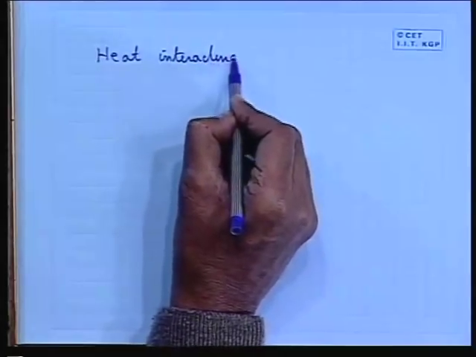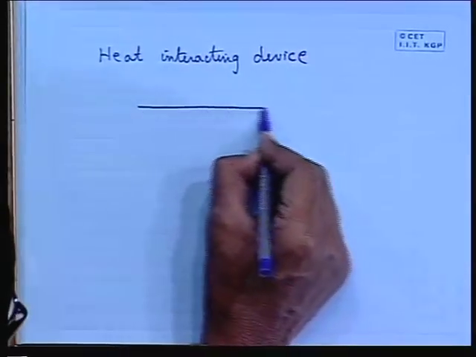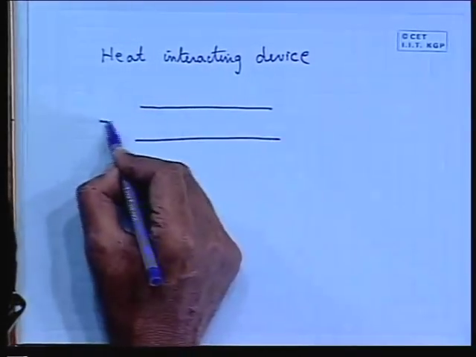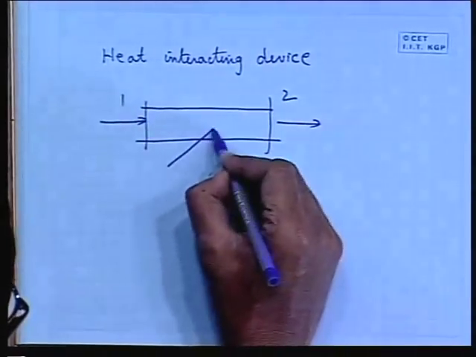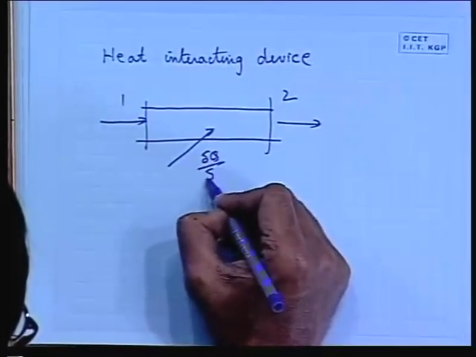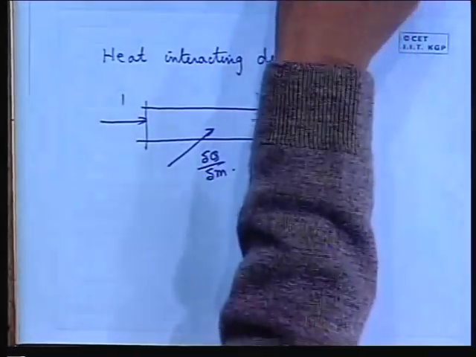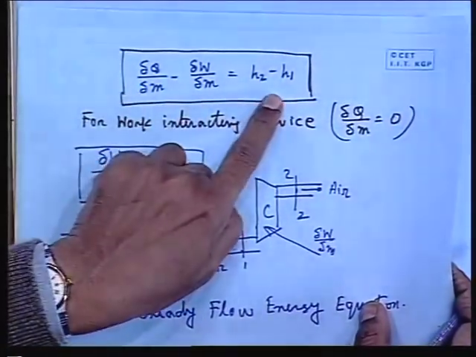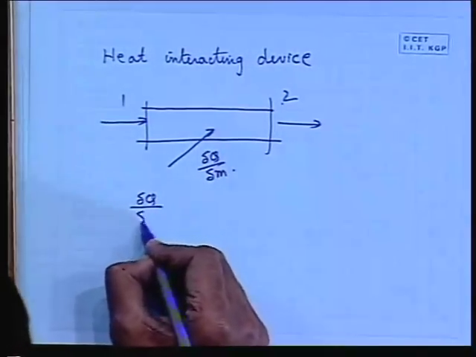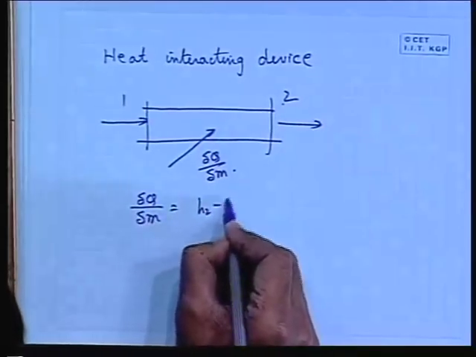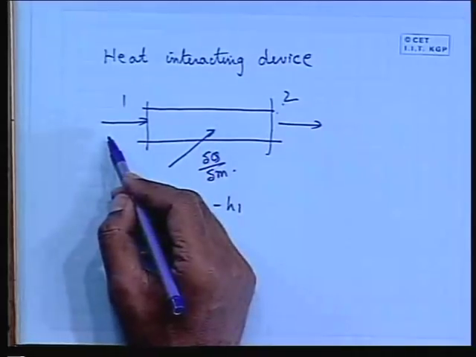That means if flow takes place like this and we give heat per unit mass, and we know the enthalpy at these two points, I can write the steady flow energy equation making the work term 0, so that del Q del M is simply H2 minus H1. That means if heat is added, H2 will be more than H1. If heat is rejected, H2 will be less than H1.